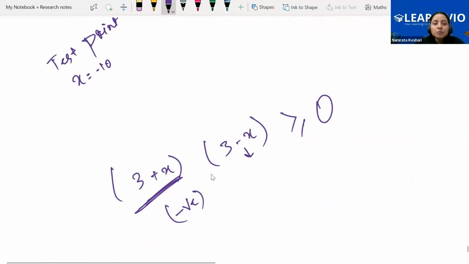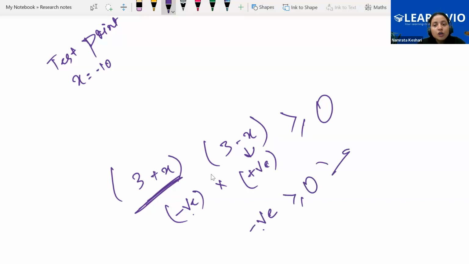If we substitute minus 10 in this bracket, the result will be positive, yes or no? Yeah. And the multiplication of a negative term and a positive term will be a negative number. Is negative greater than or equal to 0 true or false?